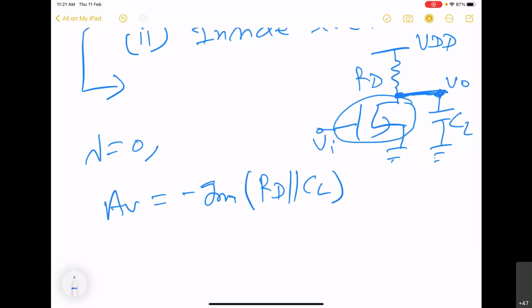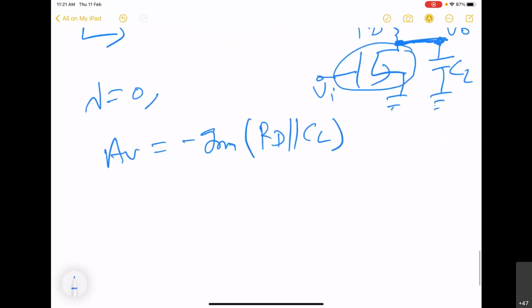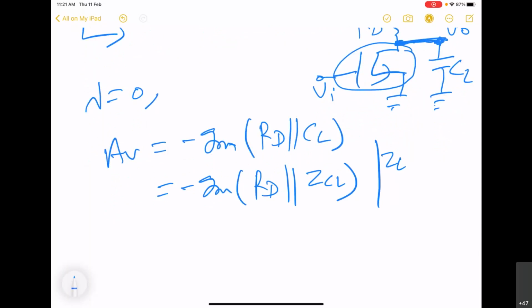So CL will simply appear as a parallel element with RD in the small signal model that you will write to find out this voltage gain, right? So now this RD parallel with CL basically means that this RD impedance is in parallel with ZCL basically, where ZCL is 1 by j omega CL, right?